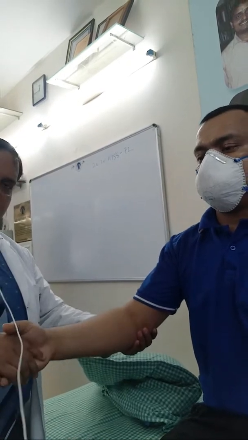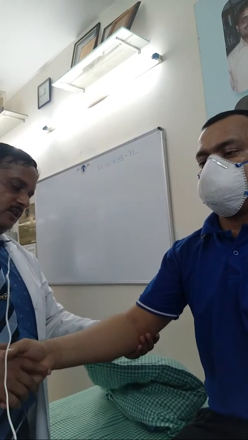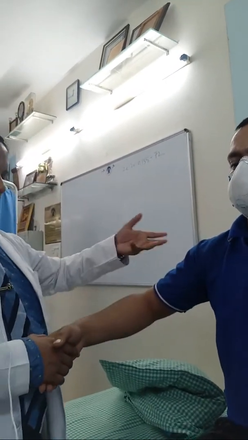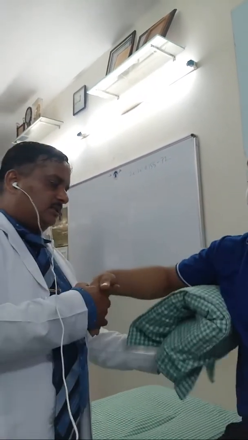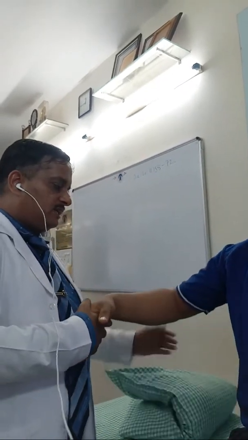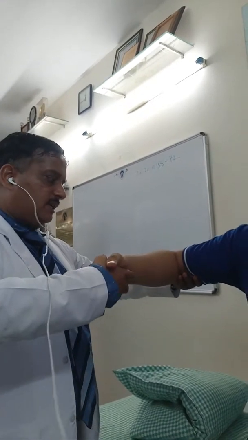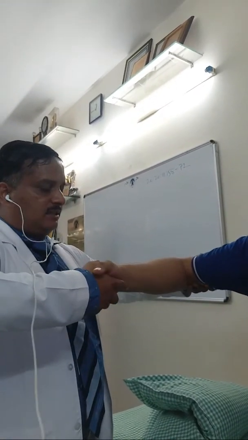it stops and rebounds back. So in that condition, we can go for the thrust technique. Because we need another person for assistance and I don't have enough support right now, but I'll show you what exactly we do. So the arm is abducted, and from the flexed position of the elbow, we apply the traction.